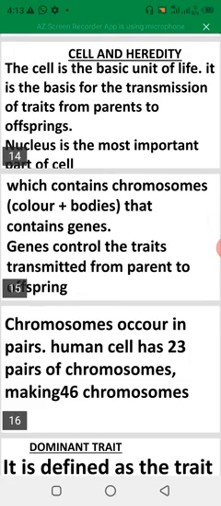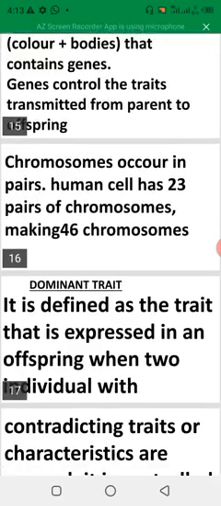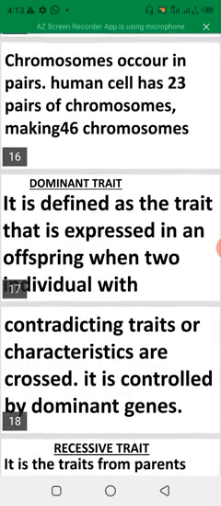So it is the genes that control the traits that are being transmitted. Chromosomes occur in pairs. In a human cell, we have 23 pairs of chromosomes, making 46 chromosomes in all.